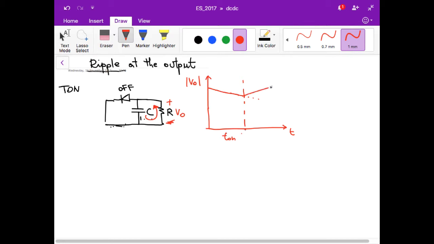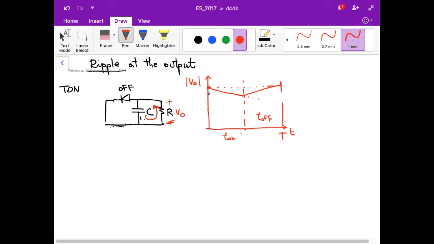Then we have an increase during T off, because the capacitor is recharged from the inductor, and then it starts again. So in detail, the output voltage is not exactly constant. Now consider that I have increased the variation of the output voltage a lot, just to show you the effect, but of course it's a minimum variation.